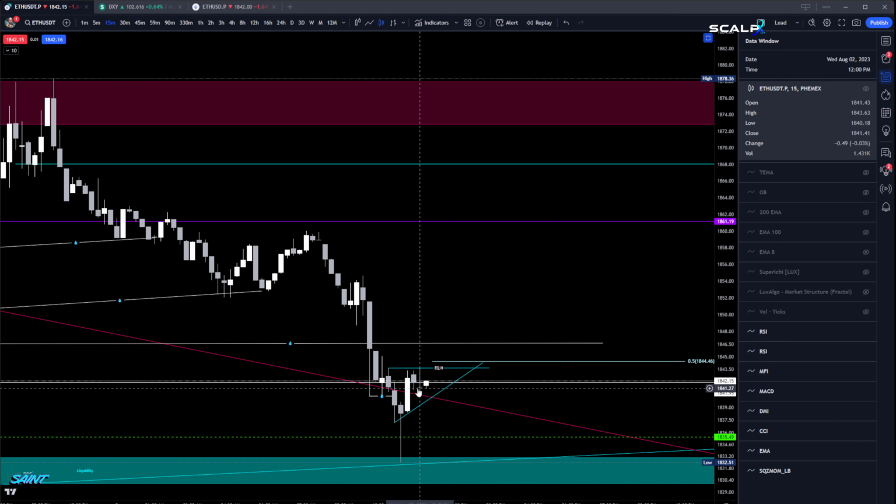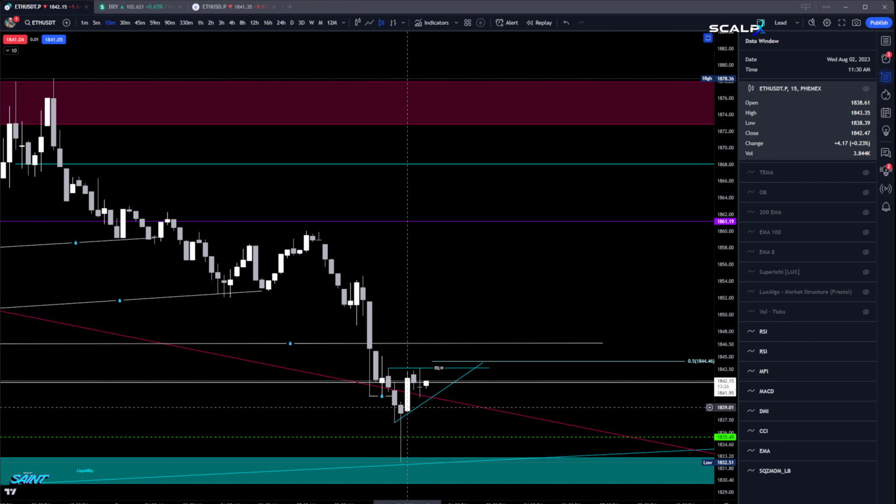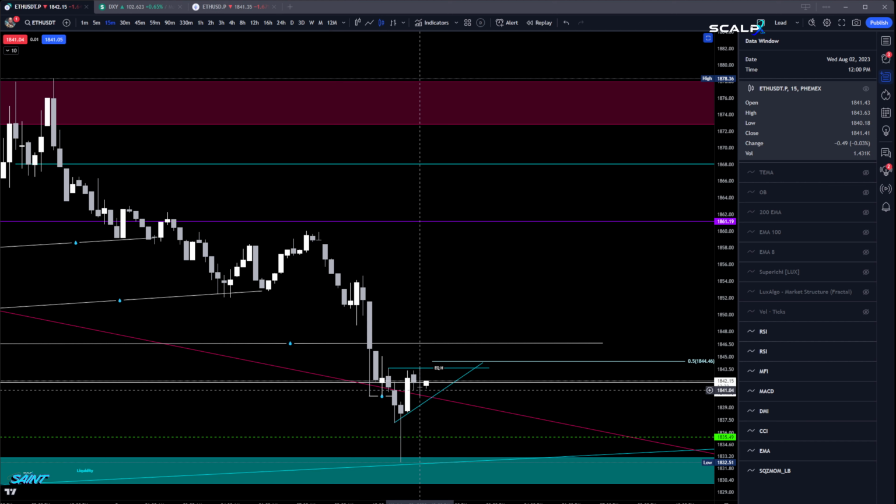Open 1841, close, literally within 2 pennies of each other. Nobody? No takers? No. This little candle right here, this is the one I'm focusing on.